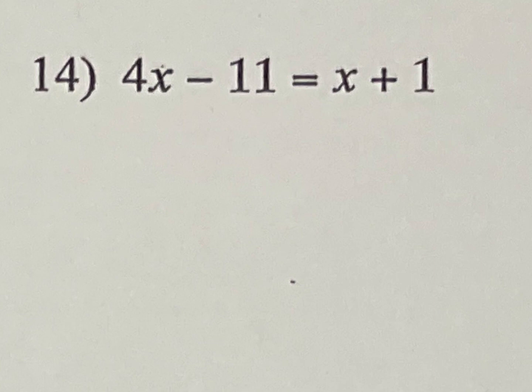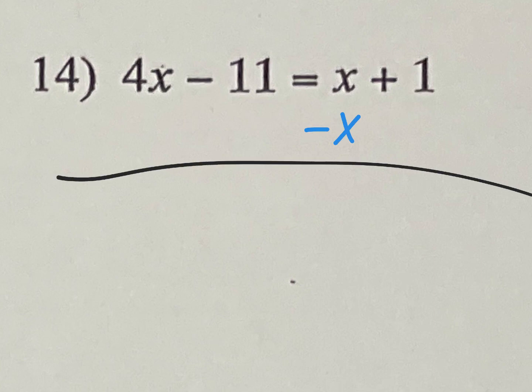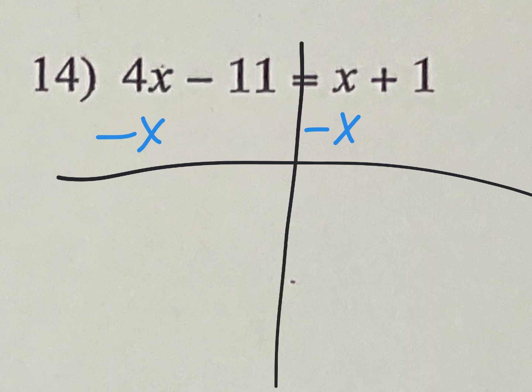A negative x, exactly. Okay? So if I subtract x from one side, I got to subtract x from the other side, but it needs to be subtracted from the x. You can't do an 11 minus a x. So if I had 4 x's and I take away one of them, that gets me 3x minus 11.